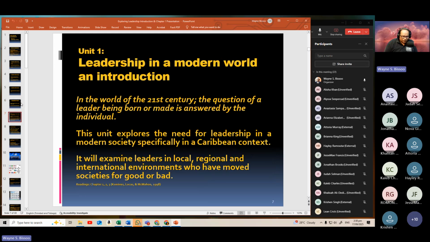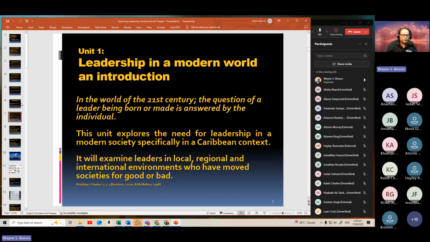In the first section here, this is leadership in the modern world. This is the name of the chapter we're going to be dealing with. Primarily we're going to be looking at leadership in the 21st century, leadership as it exists around us today.